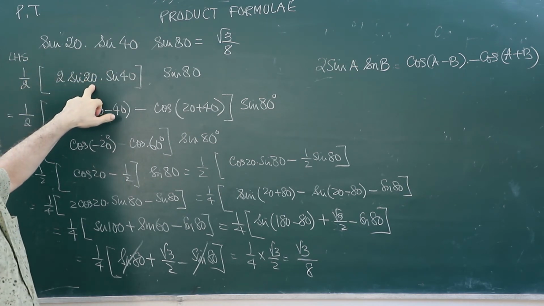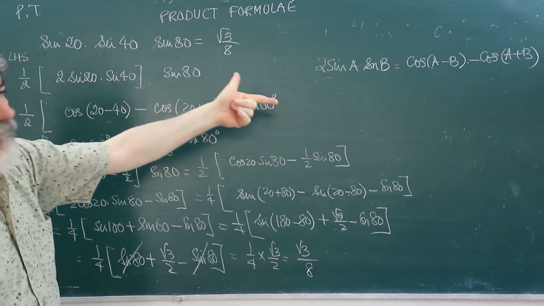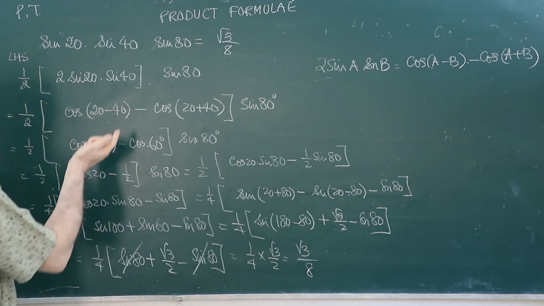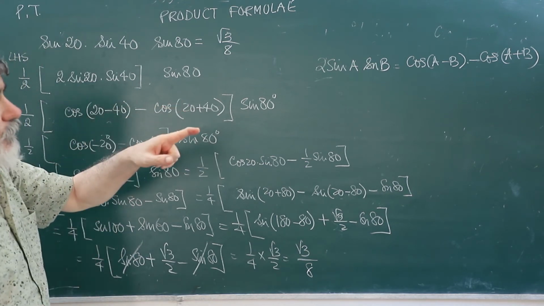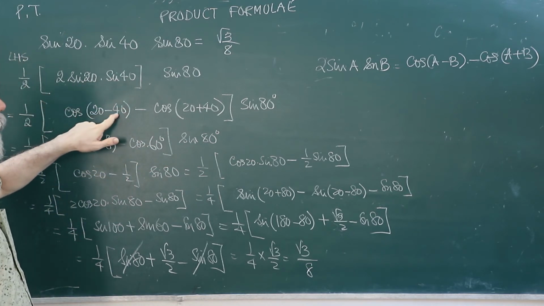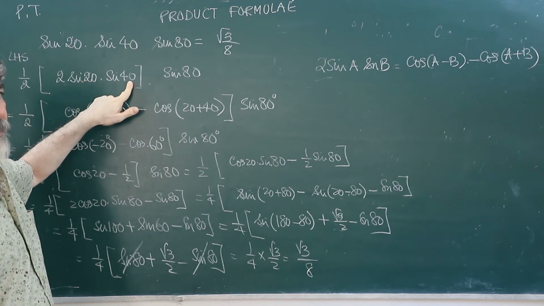Instead of A I have 20, instead of B I have 40, so I can apply that formula to 2 sine 20 sine 40. It gives cos (20 minus 40) minus cos (20 plus 40).